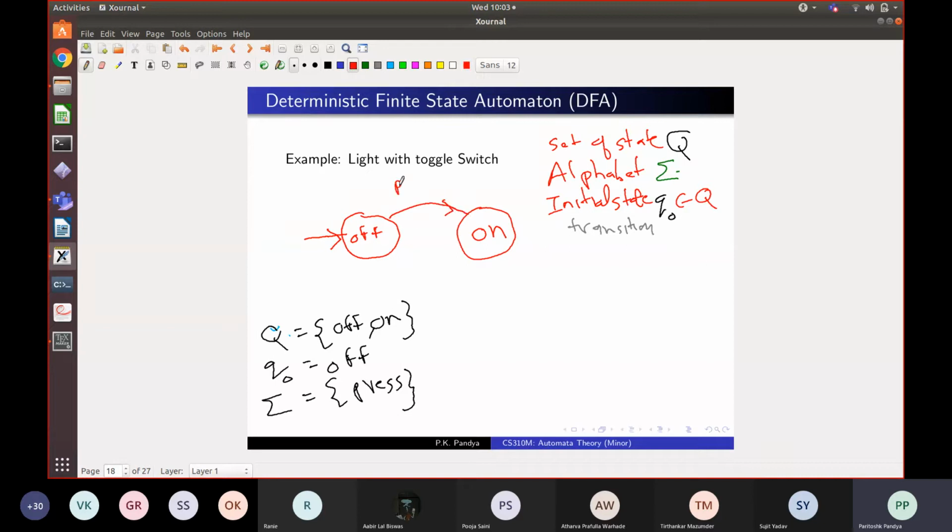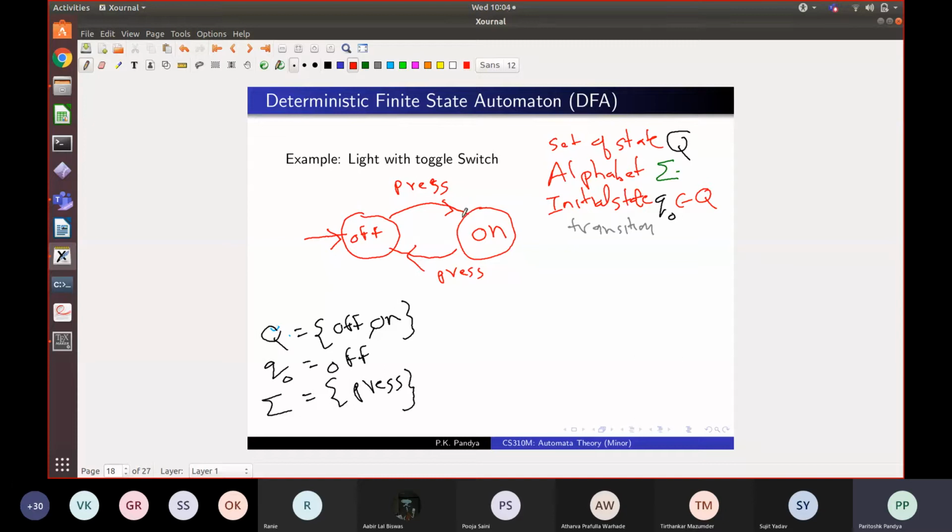If we are off and we do a press, the state of the system changes from off to on. The light turns on, and the next time you press, it will go off. This is a trivial example. I'm not trying to teach you how a light bulb is controlled using a toggle switch. I'm just saying that you can model it by a device like this.